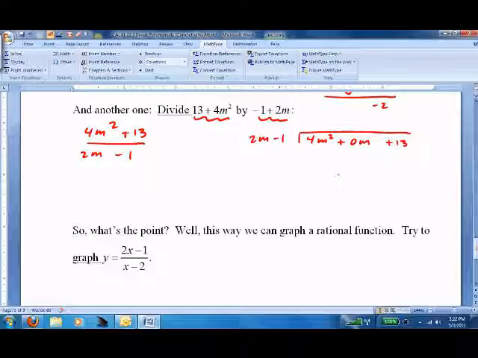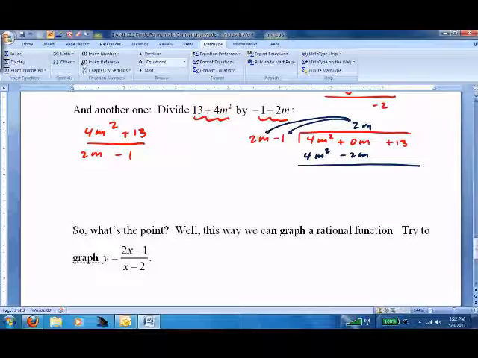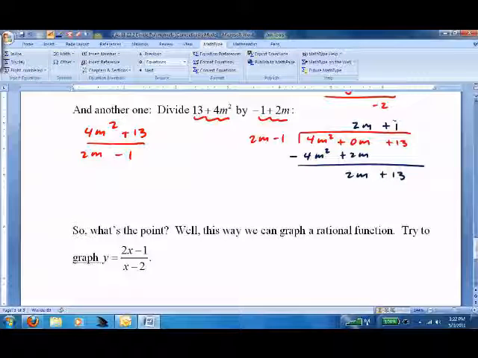What times 2 is 4? 2. What times m is m squared? M. Multiply it. 2m times 2m, 4m squared. 2m times negative 1, minus 2m. Subtract everything, negative, positive, we get 2m plus 13. What times 2m is 2m? 1.